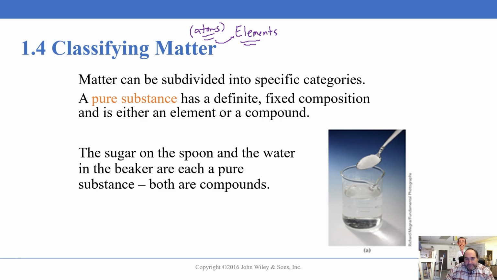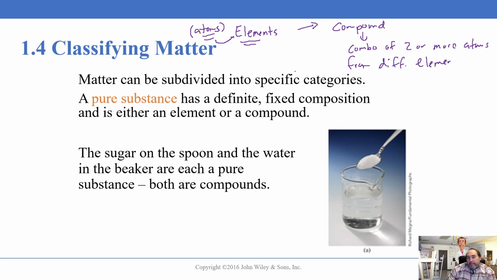And compounds are a combination of two or more atoms from different elements. So if you have a combination of two or more atoms from different elements, that is a compound.